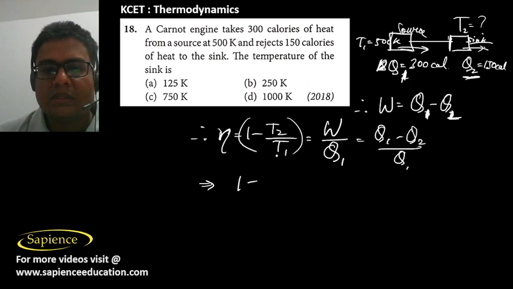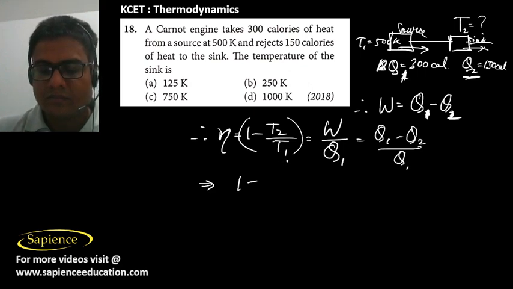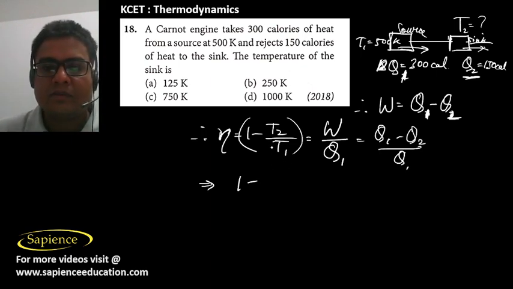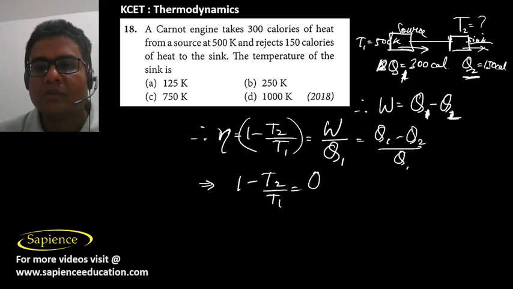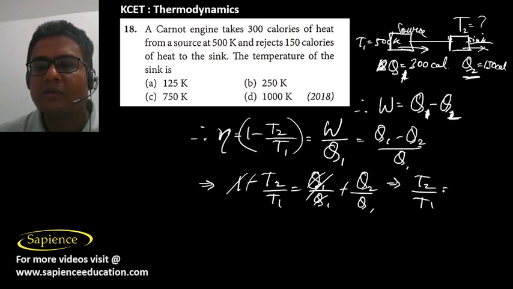So 1 minus T2 by T1 is equal to Q1 by Q1 minus Q2 by Q1. Q1 by Q1 is 1, so the 1 and 1 cancel, and the minus signs cancel. So from here we can see that T2 by T1 is equal to Q2 by Q1.